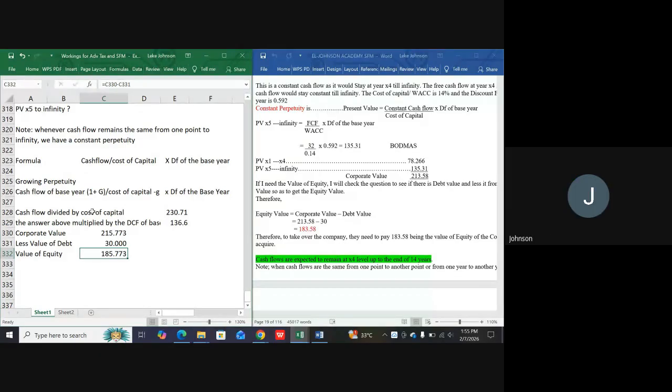Okay, so cost of capital is 14%, that's 0.14, yes. So what do you multiply it with, or what do you divide it with?